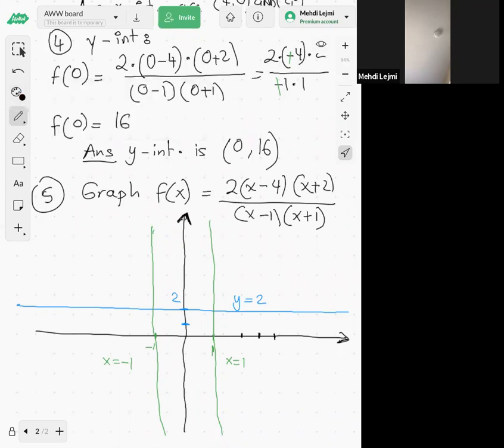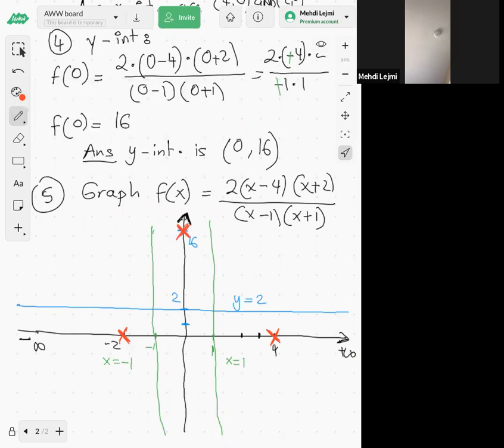This is positive infinity, and this is negative infinity right here. And we need negative 2, so here's my negative 2. So I have two x-intercepts at positive 4 and negative 2. And finally, the y-intercept, we said it's (0, 16), so somewhere here at the top. Let's say this is my 16, and this is my y-intercept.